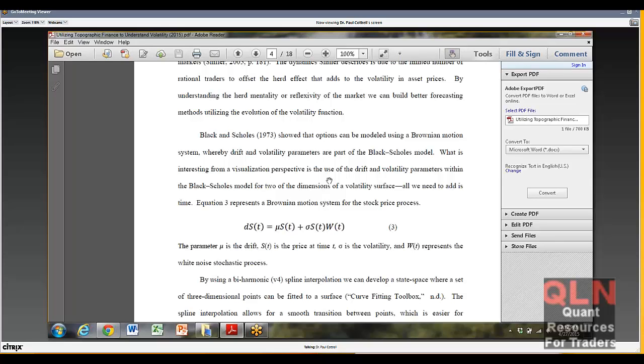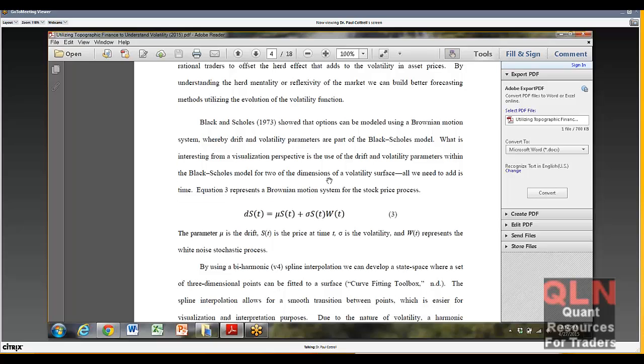But the idea is that there is a Brownian motion system to the market, or to assets that are sold in the market, and that there's this drift and volatility parameter within the Black-Scholes model.